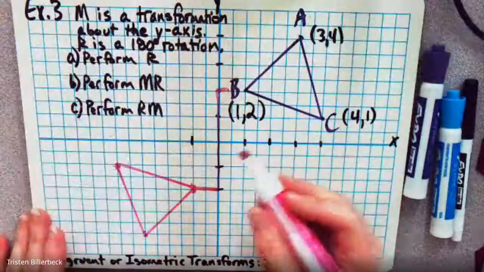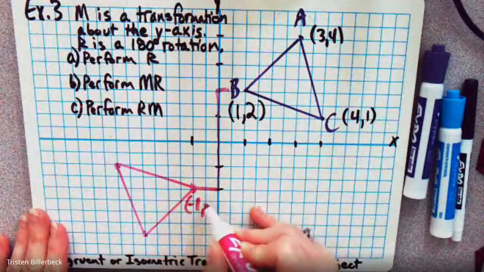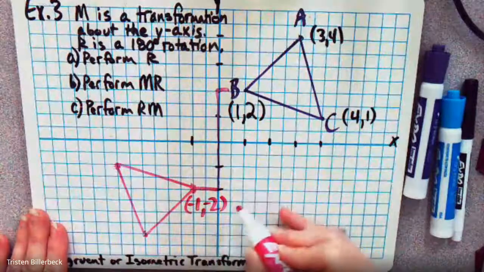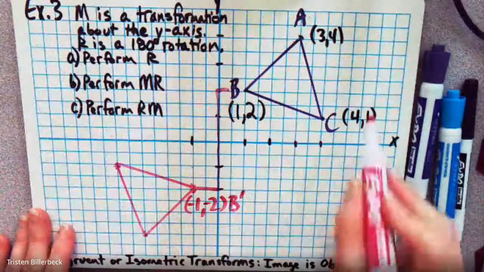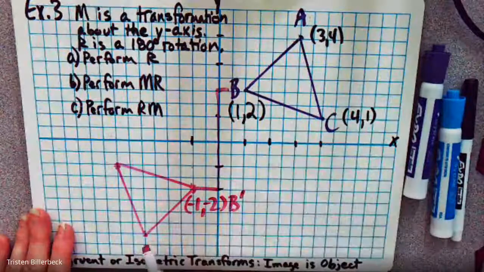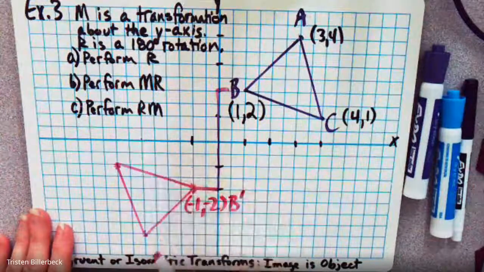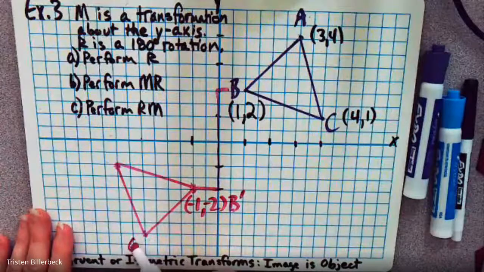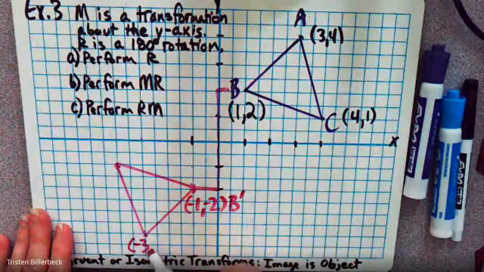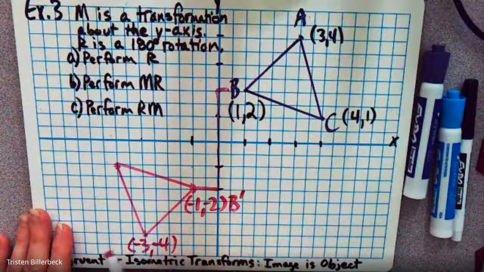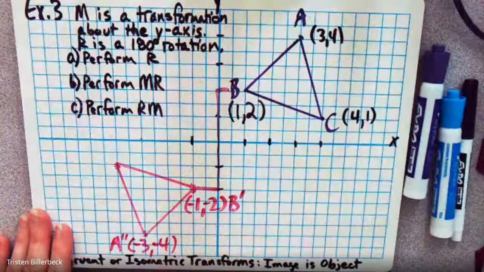All right, so this coordinate point now is -1, -2, and that one was B prime. This one here is at 1, 2, so that's -3, and we're 1, 2, 3, 4, -4. And that one is a double prime.